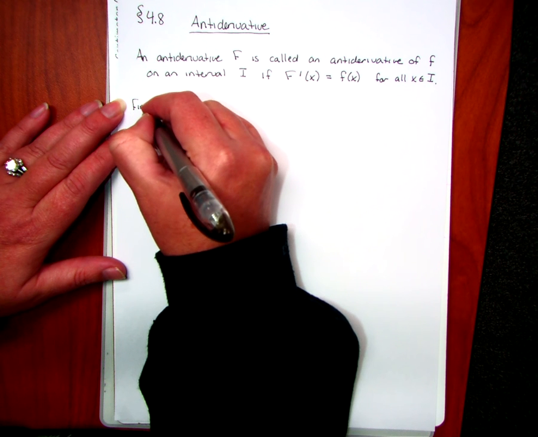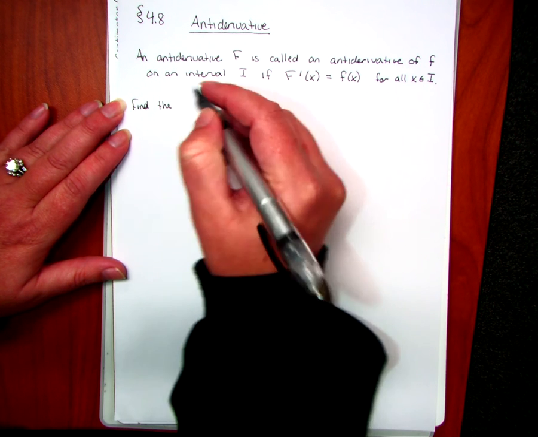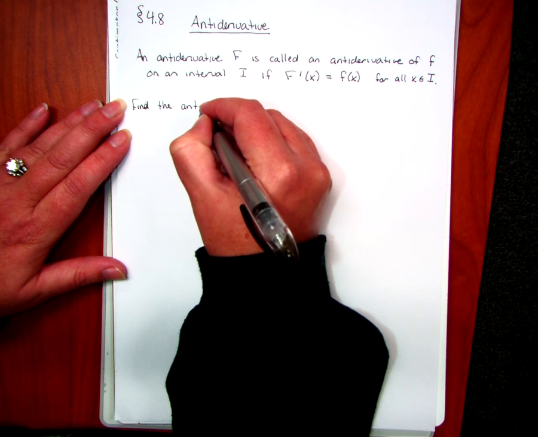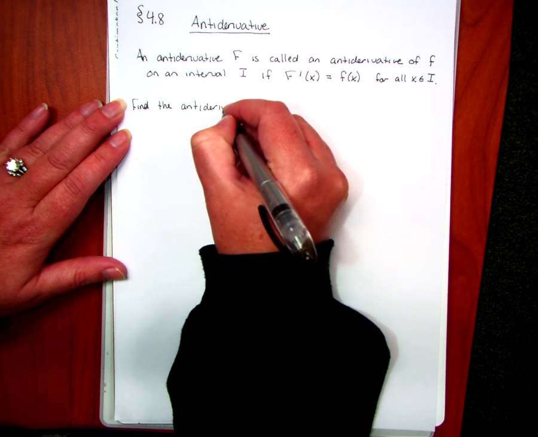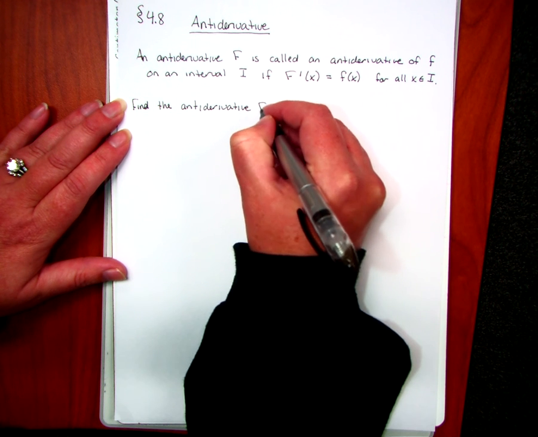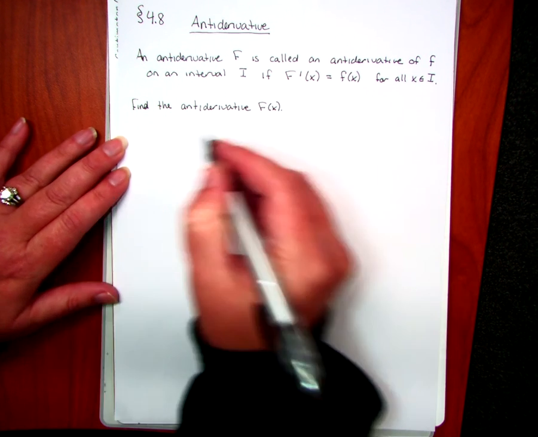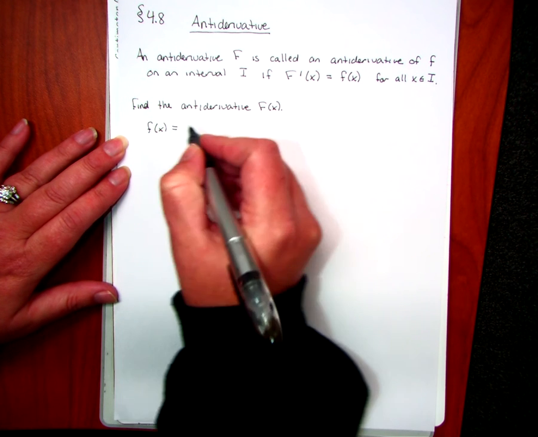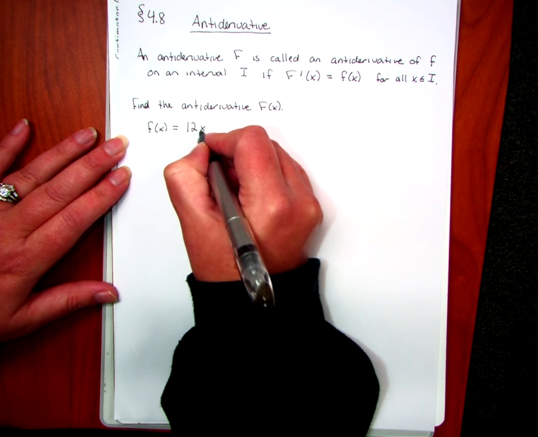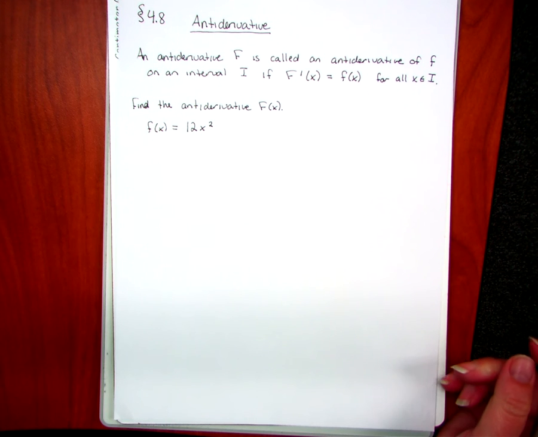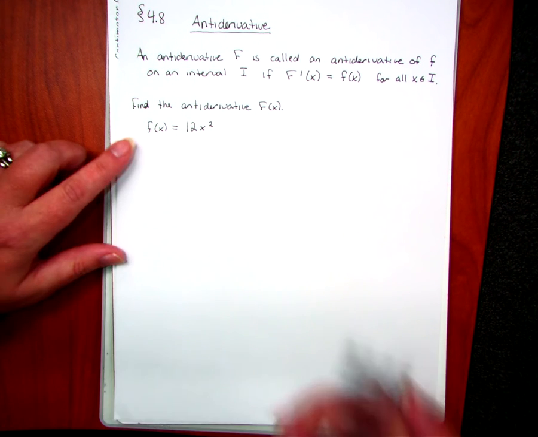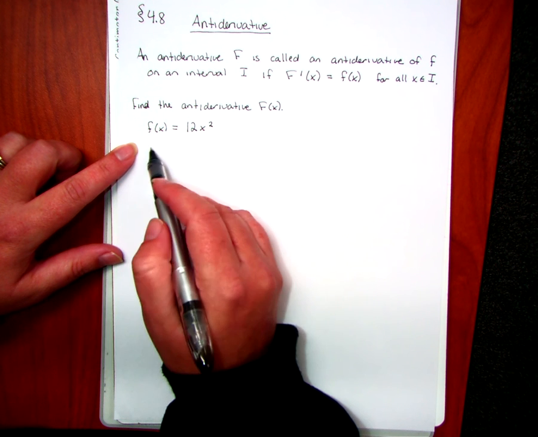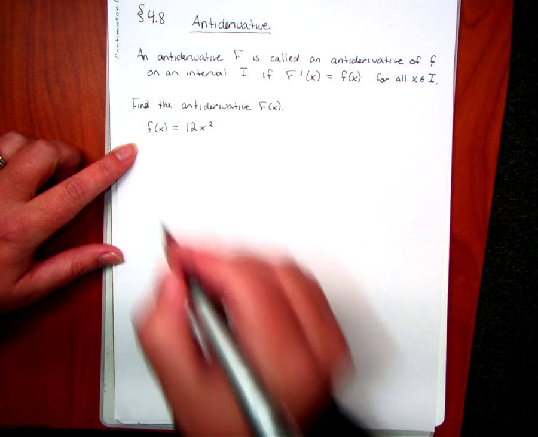So, for example, the directions will say find the antiderivative capital F. Alright, so we're going to start off with little f as a polynomial, 12x squared. Now, the relationship is we have to come up with a capital F that when we differentiate capital F, we get back to little f.